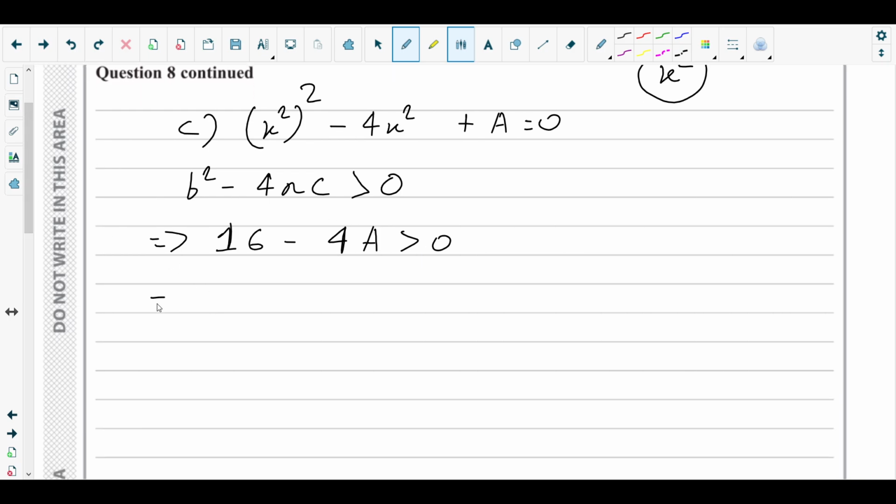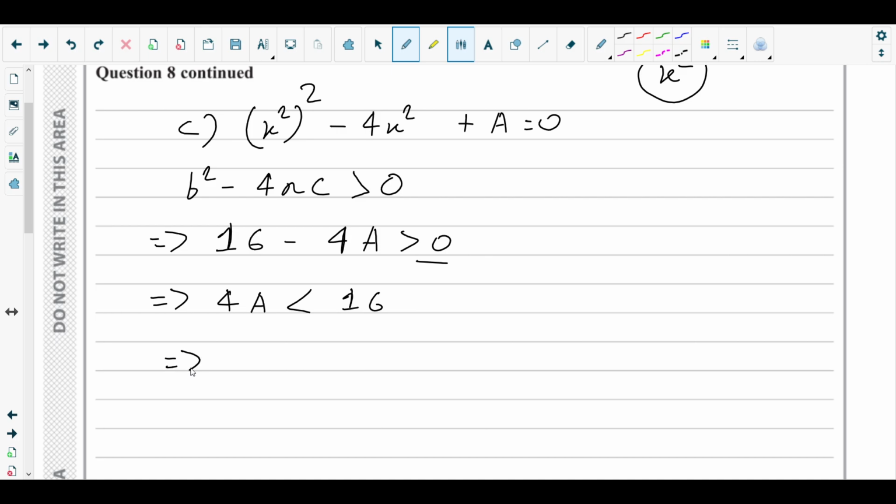So what should be the range of possible values for a? Take 4a to the right side: 16 minus 4a is greater than 0, so 4a is less than 16.